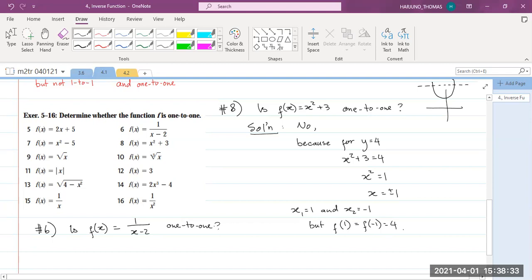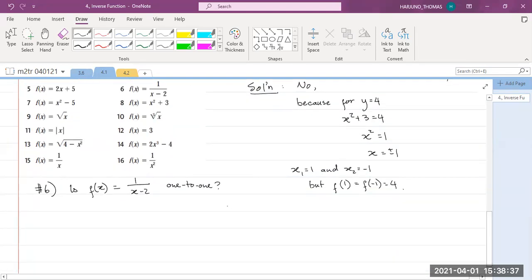How do we show that a function is one-to-one? Well, first you look at the graph. This is the graph of 1 over x moved 2 units to the right. So it looks like this. Every horizontal line you draw intersects the graph at most at one point.